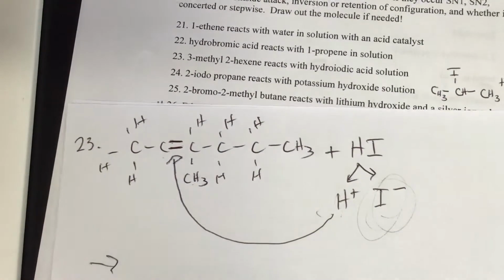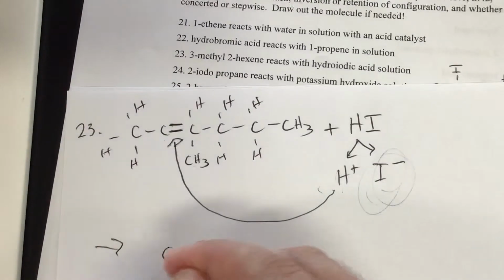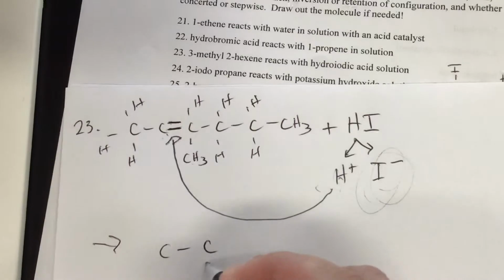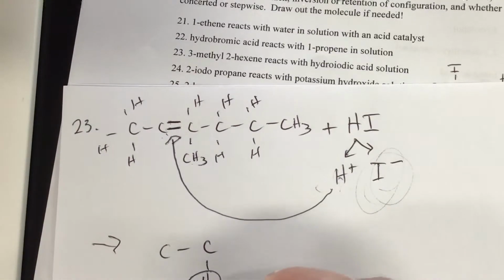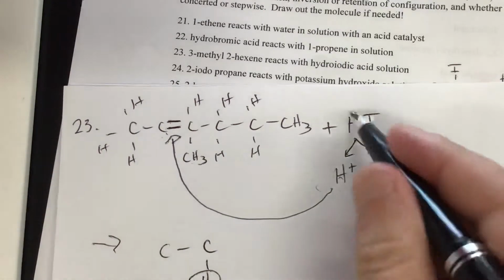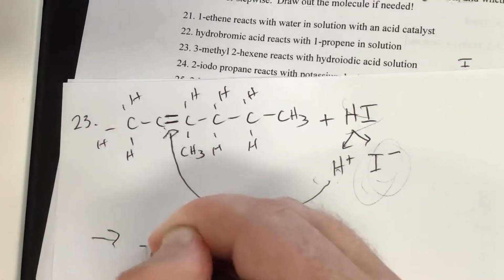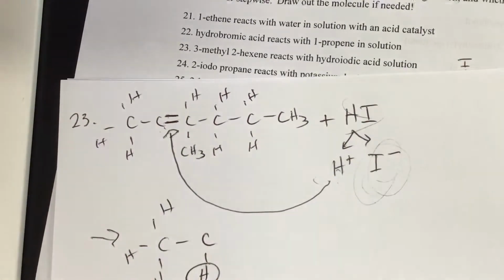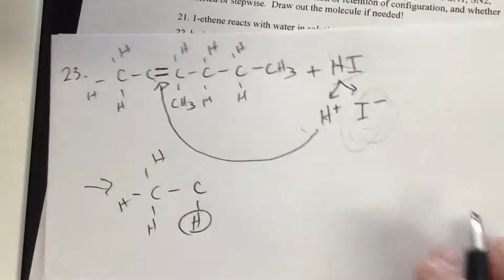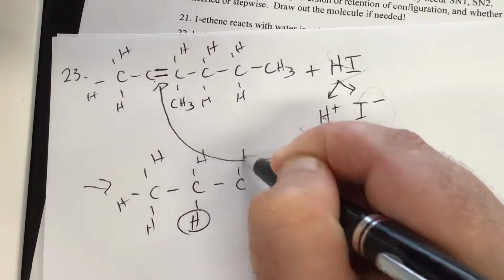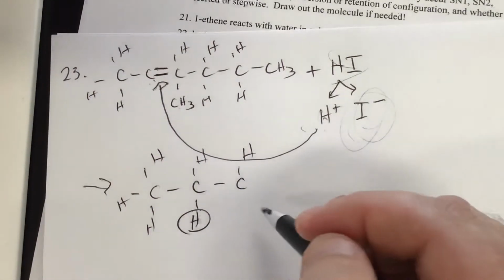So what this means is we're going to get carbon-carbon. Our hydrogen is going to attach here. I'm going to circle it just so we remember that it's from our solution. We still have our 3 hydrogens here.